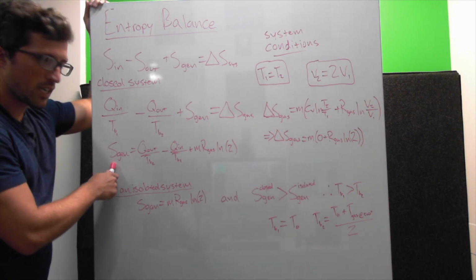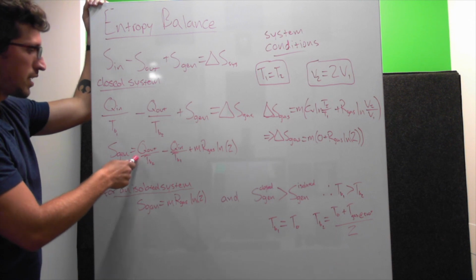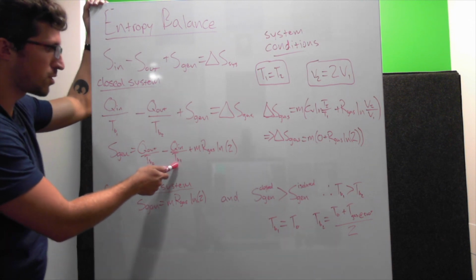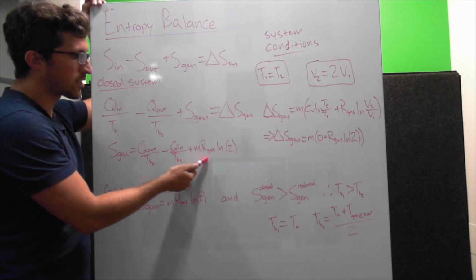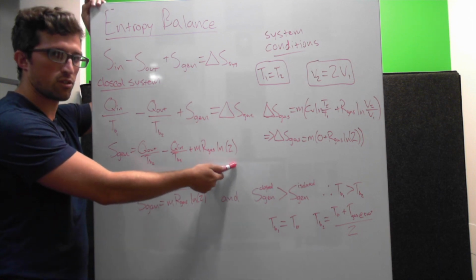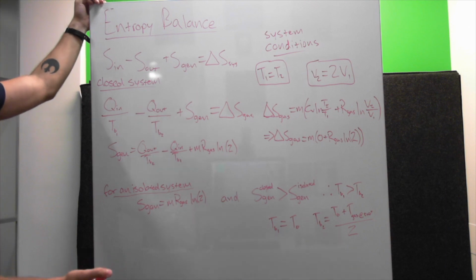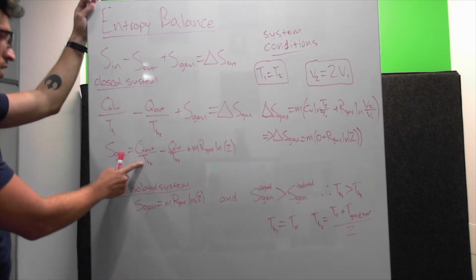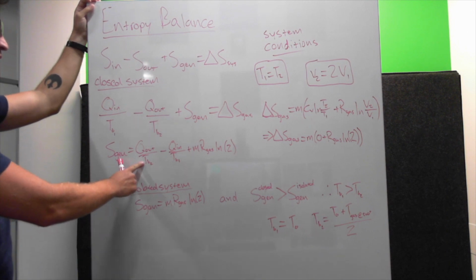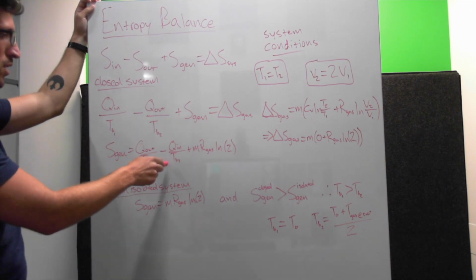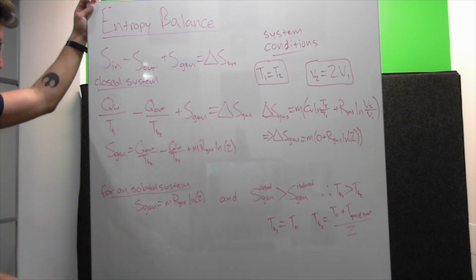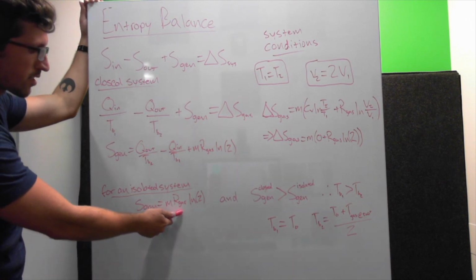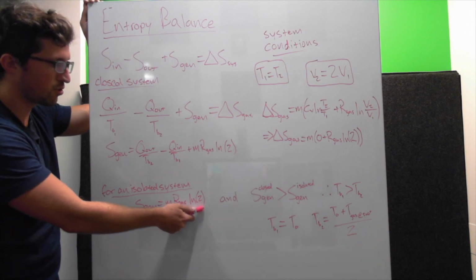In turn, this is going to make the entropy generated equal to heat out over the second boundary temperature minus the heat in over the first boundary temperature plus the mass times the gas constant times the natural log of 2. So one very important thing is this whole term must be greater than this term, because for an isolated system, the entropy generated is just mass times the gas constant times the natural log of 2.